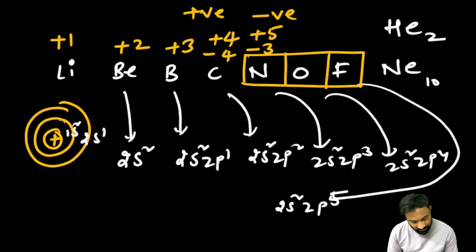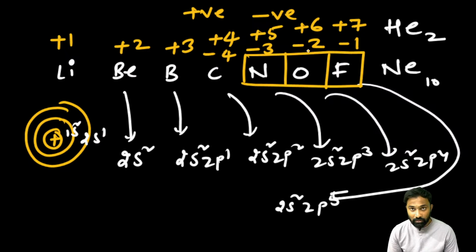Oxygen can show -2 oxidation state, and the oxygen family will show the +6 oxidation state, and fluorine will always show the -1 oxidation state, and the fluorine or halogen family will show the +7 oxidation state. Why? It can lose 7 electrons, it can gain 1 electron.